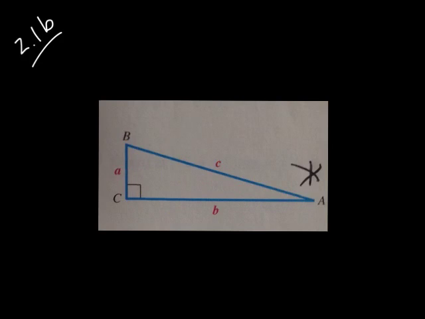One of the things I want you to see here is, let's say that we're going to take the sine of A. The sine of A is going to be the opposite over hypotenuse, which is a over c. The cosine of A is going to be adjacent over hypotenuse, and the hypotenuse is c.